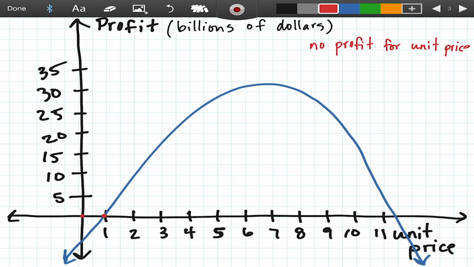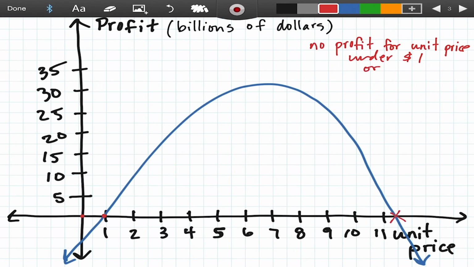Because anything less than that, I'm losing money at that point. That's why it's negative. I can't sell something for negative dollars, but I can lose money. No profit for unit price under $1. Okay.